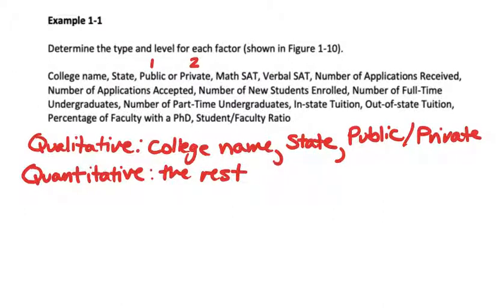So now let's look at whether this data is time series or cross-sectional. Since we're taking data from different universities, all at about the same point in time, they would be considered to be cross-sectional.